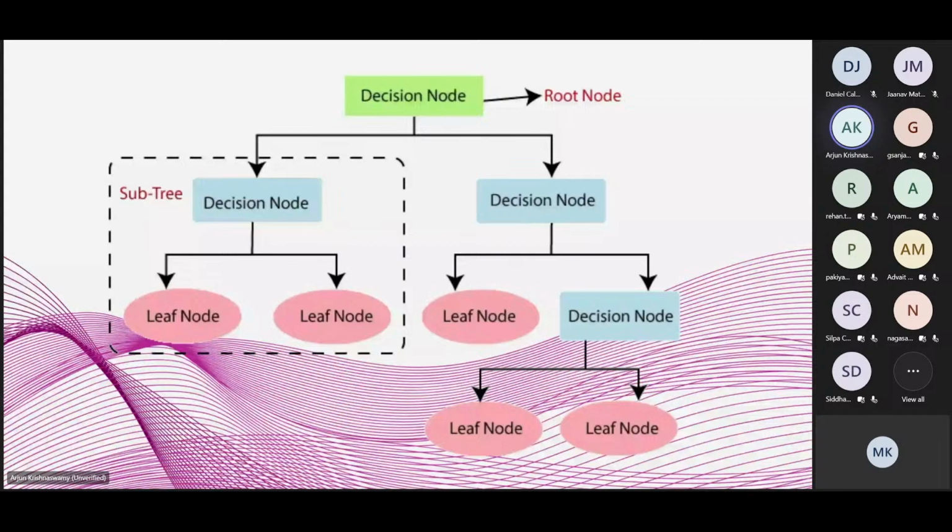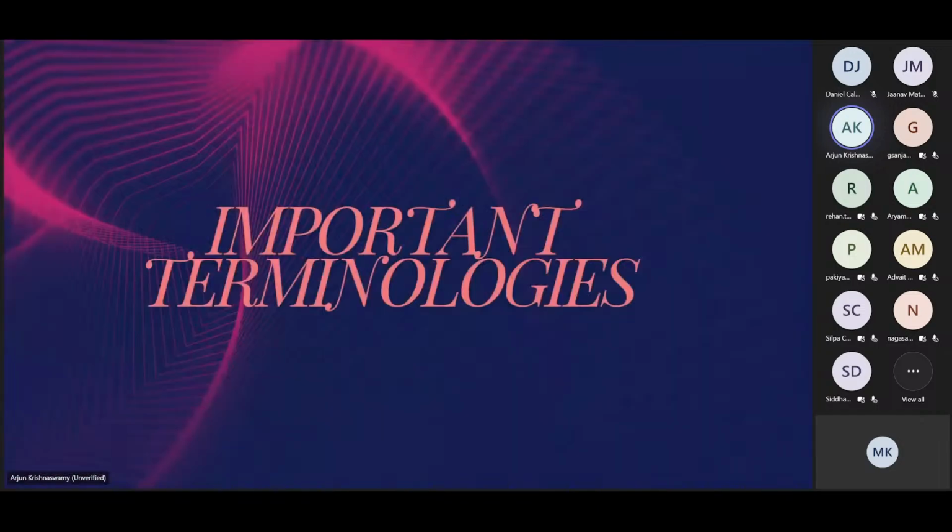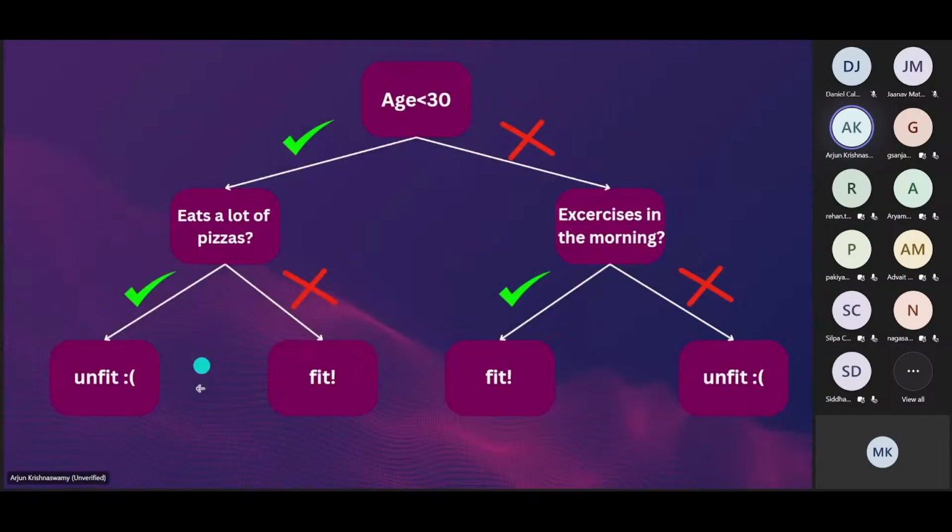These decision nodes can be split further, and this splitting continues until we reach this node, which is called a leaf node. A leaf node cannot be split further. So if I go back, this is a leaf node.